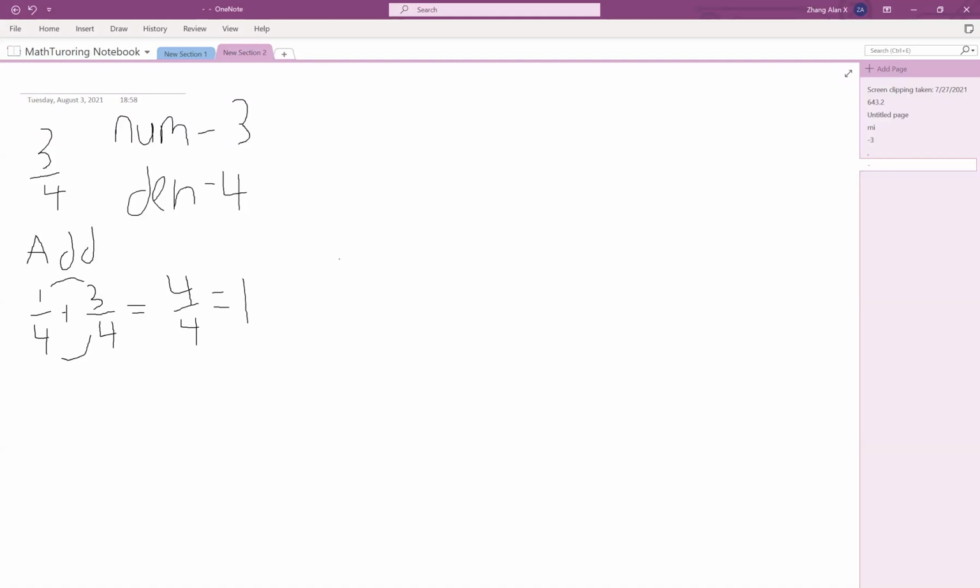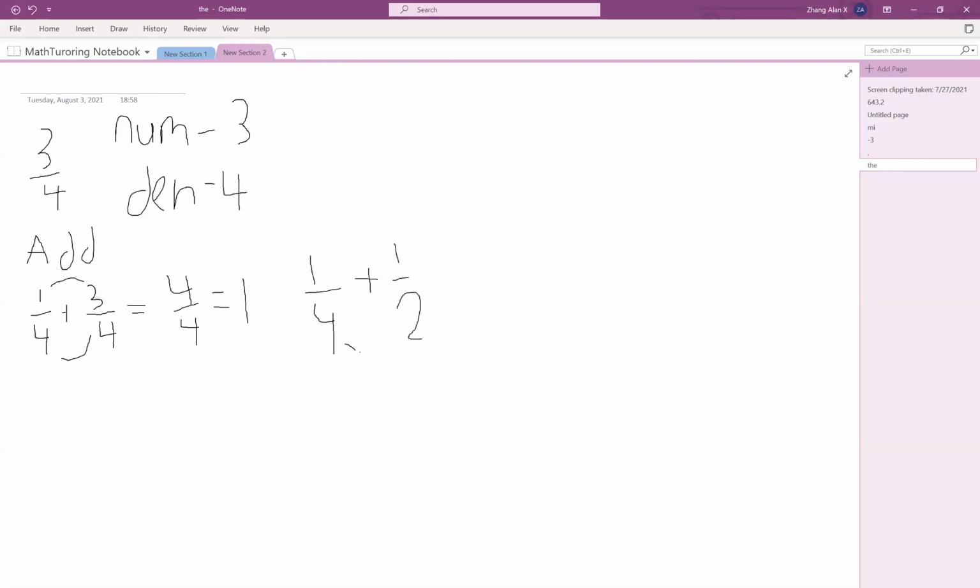Sometimes fractions are a little more complex. Like let's say it would be 1/4. That's a pretty bad 4, but we'll live with it. Plus, let's say 1/2.